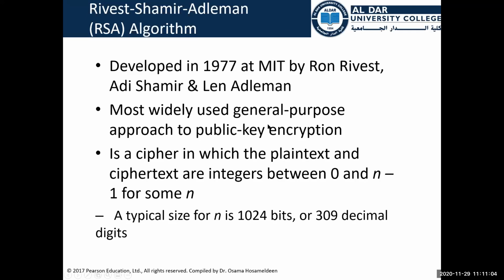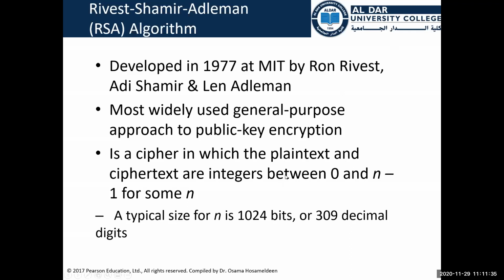Before that time, nobody thought about having a key not transferred between the sender and receiver. Starting from 1977, they said we will never send the key between the sender and receiver. We can send public information, and using this public information, nobody can guess the private information.